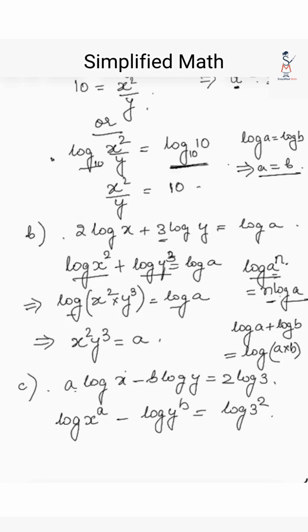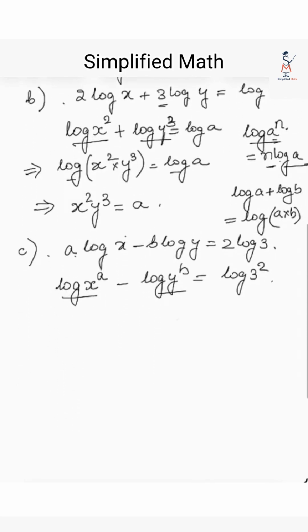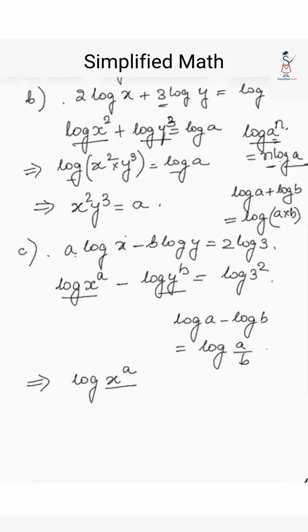Now this is log a minus log b, and log a minus log b is log a by b. So this can be written as log of x raised to the power a by y raised to the power b is equal to log 3 to the power 2.